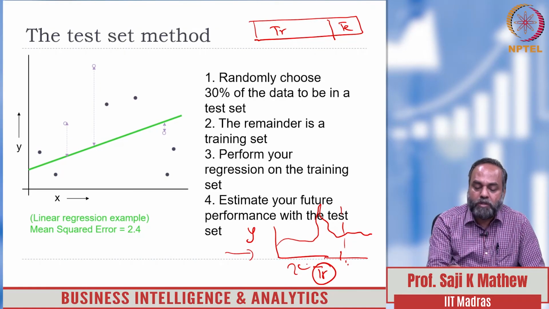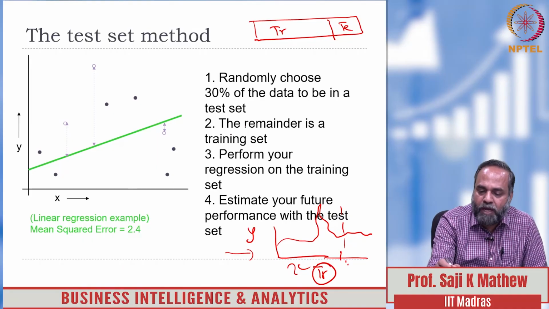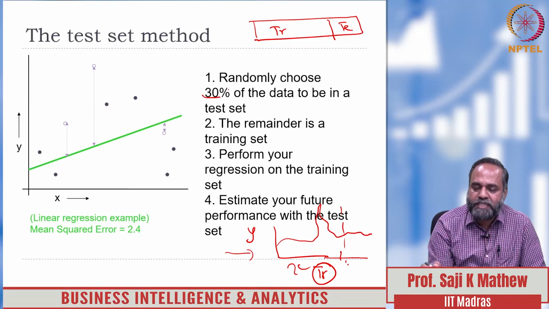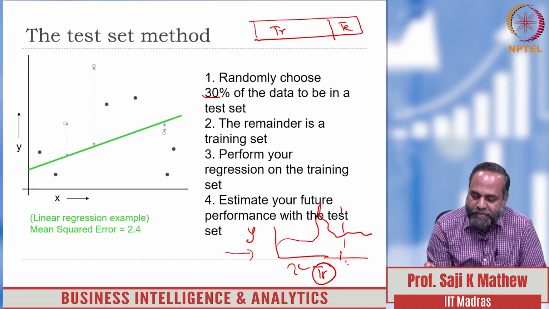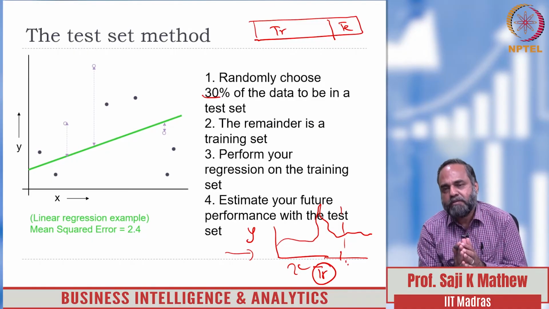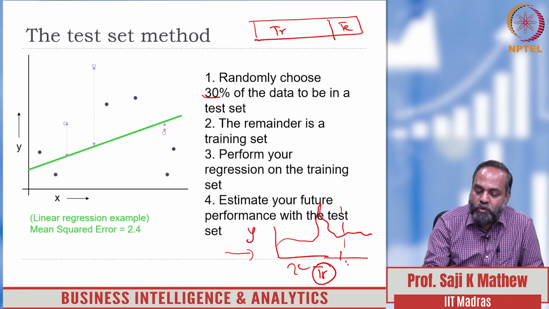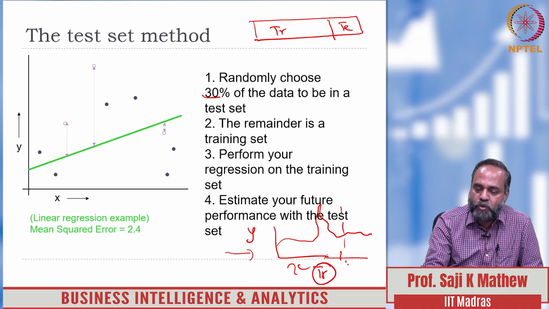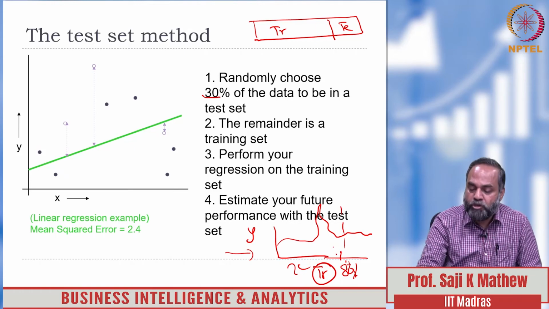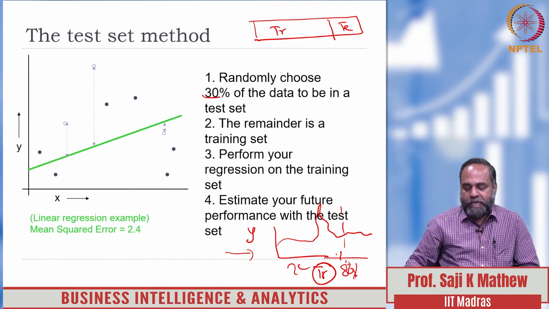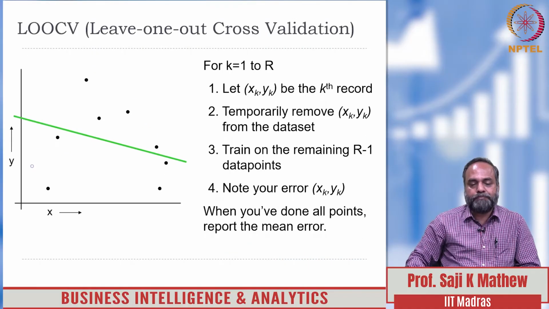The 30% for test data and 70% for training data is just a thumb rule. You also have to ensure that the major variations are covered. So instead of 70%, sometimes you may choose 80% for training because you don't want to miss a major variation. That has to be kept in mind.